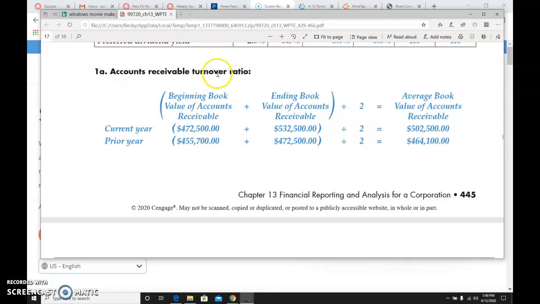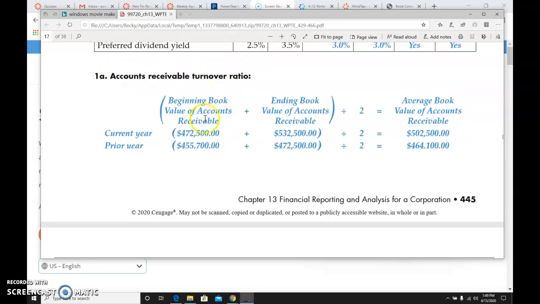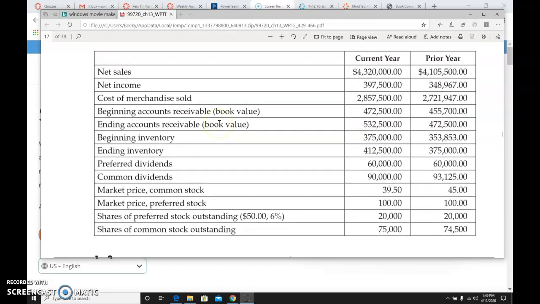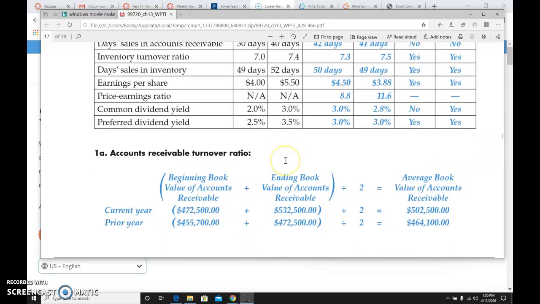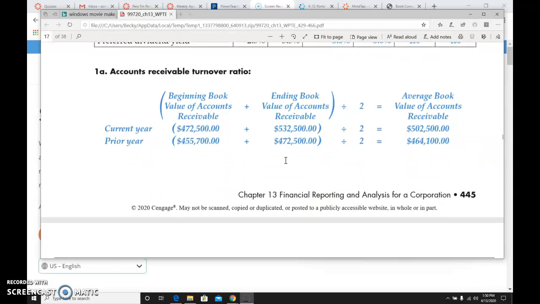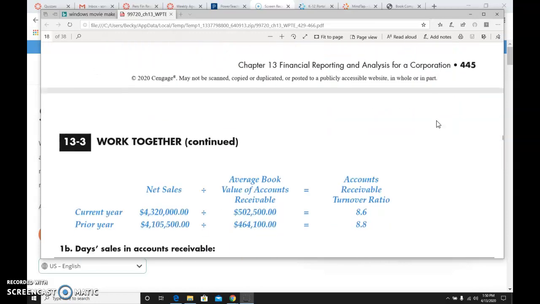So here's the AR turnover ratio. And again, they give you all the data up here at the top from the financial statements, current year and prior year. So we're literally taking beginning AR, ending AR, and plugging things in. So there is the calculation for average book value of AR, and pause if you need to.